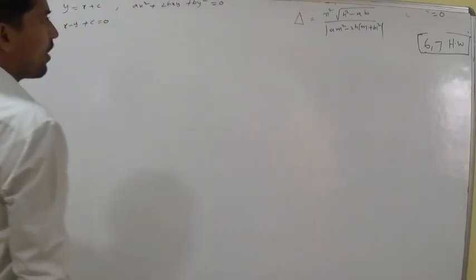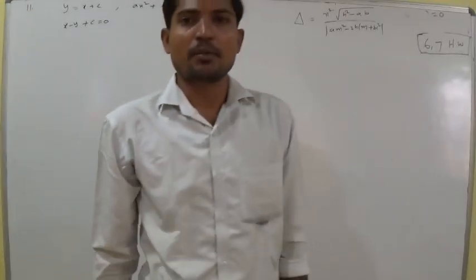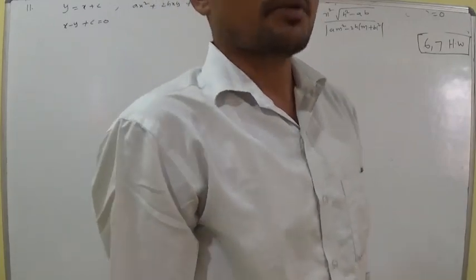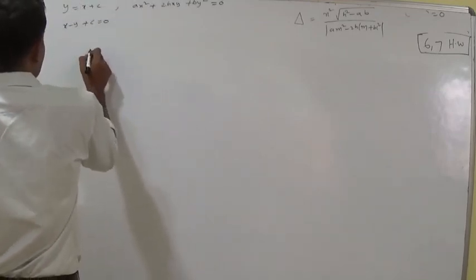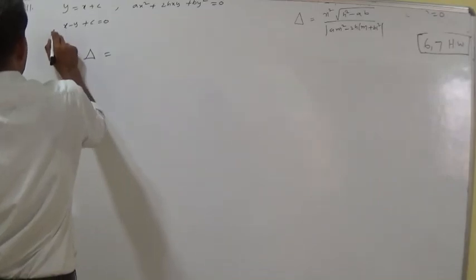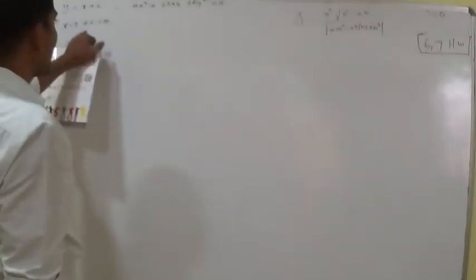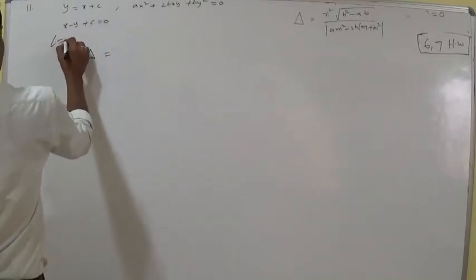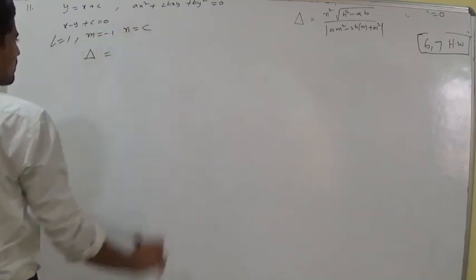Area of a triangle formula: n square into square root of h square minus ab by modulus of am square minus 2hlm plus bl square. So delta equal to n square. lx plus my plus n is equal to 0, this is the equation of a line. Here l is equal to 1, m is equal to minus 1, n is equal to c.